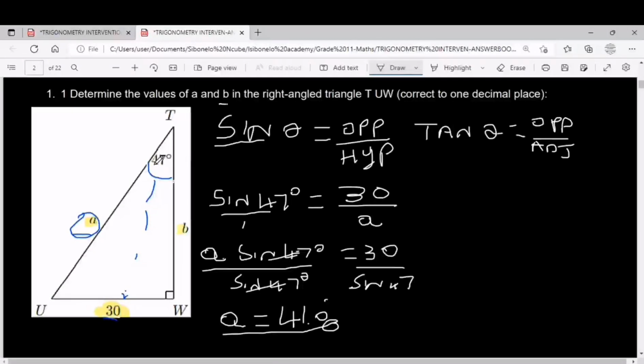We already know our angle is 47, so theta represents 47.